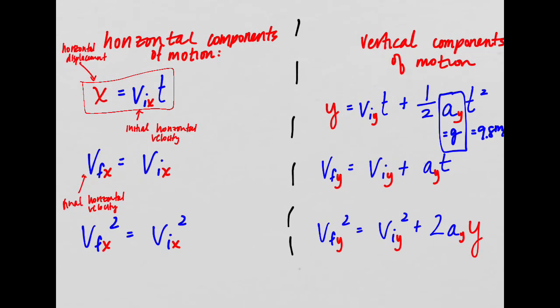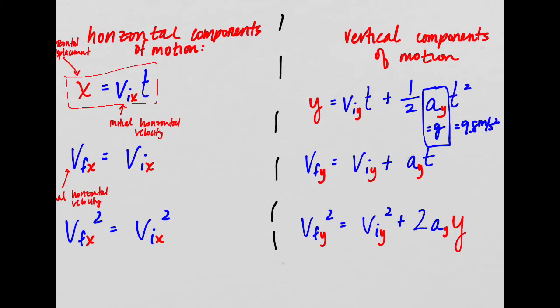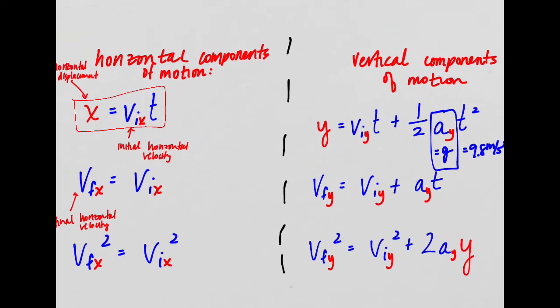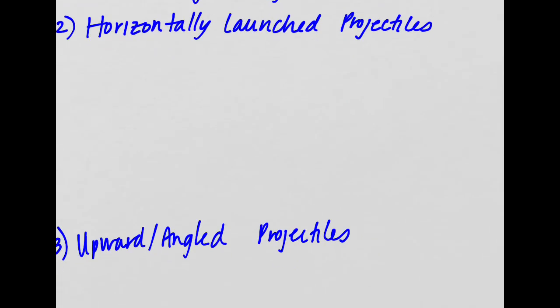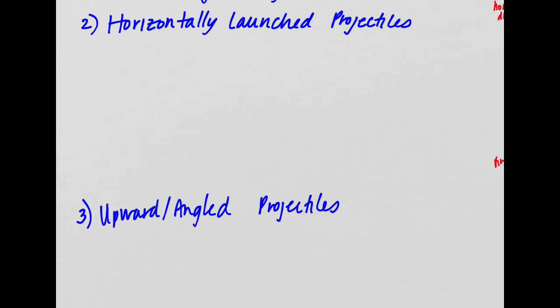Okay, so those are the three equations that we're going to use when we're talking about horizontally launched projectiles and angled upward projectiles.